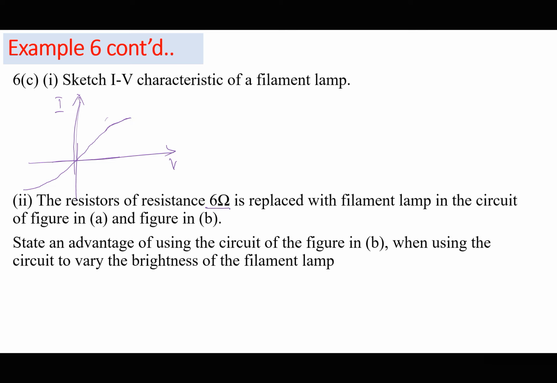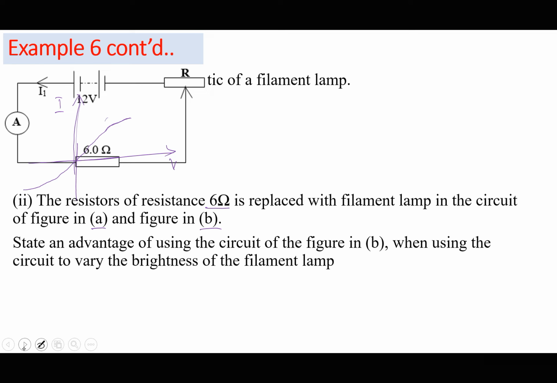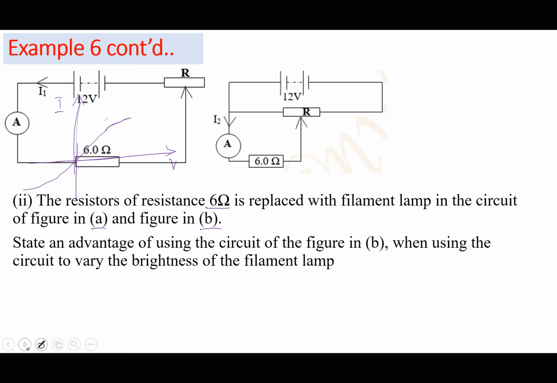The resistor of resistance 6 ohms is replaced with a filament lamp in the circuit of figure A and figure B. So let's see figure A and figure B. State an advantage of using the circuit of figure B when using the circuit to vary the brightness of the filament lamp.